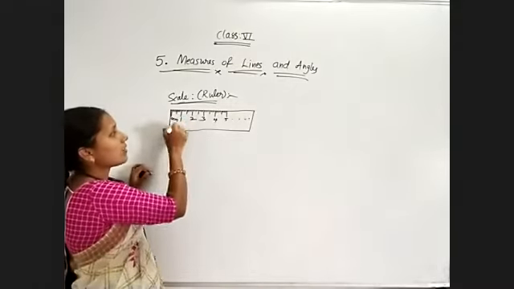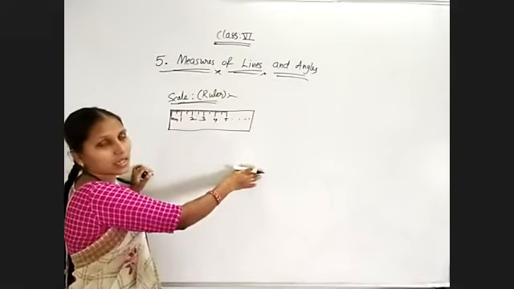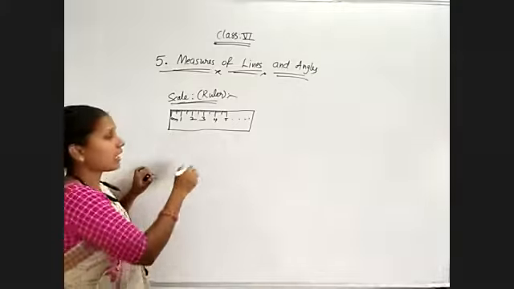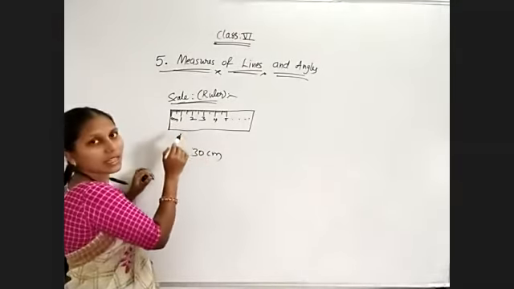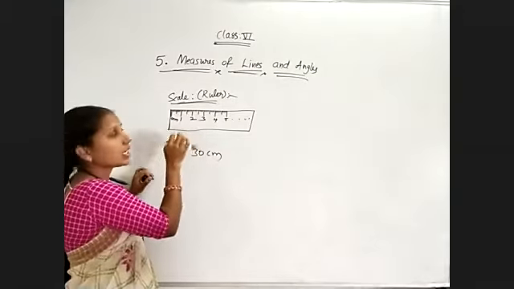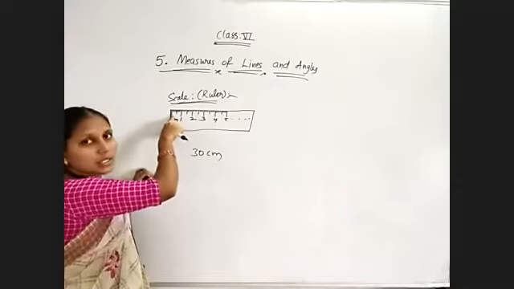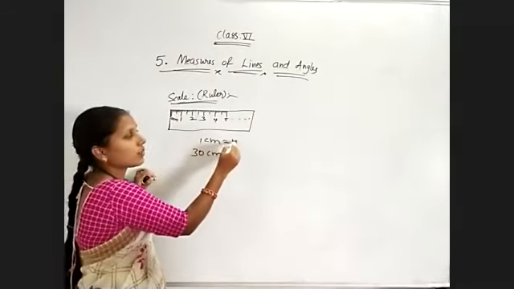On the smaller scale they indicate 0 to 15 centimeters, and for a longer, larger scale we have 30 centimeters of measurements, and these are divided into centimeters. Each centimeter has 10 smaller lines, and those smaller lines are termed millimeters. 1 centimeter is equal to 10 millimeters.